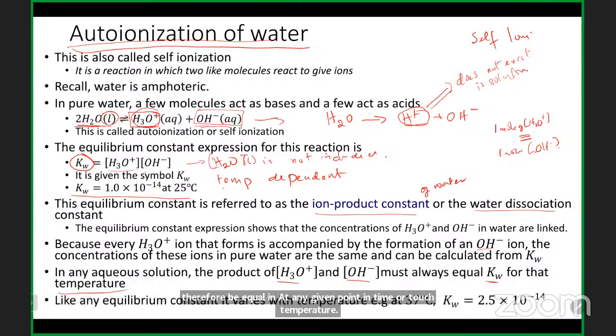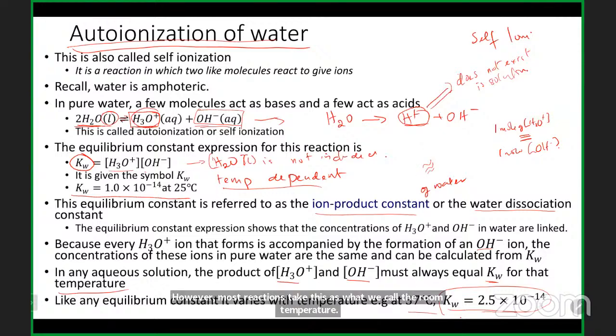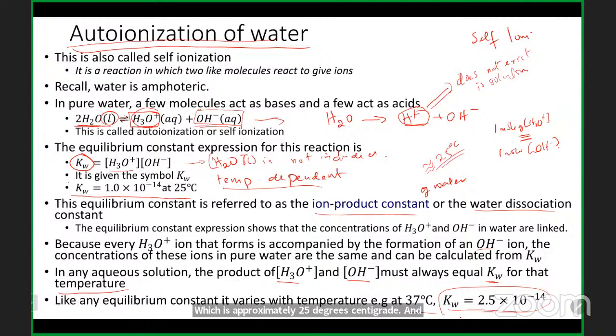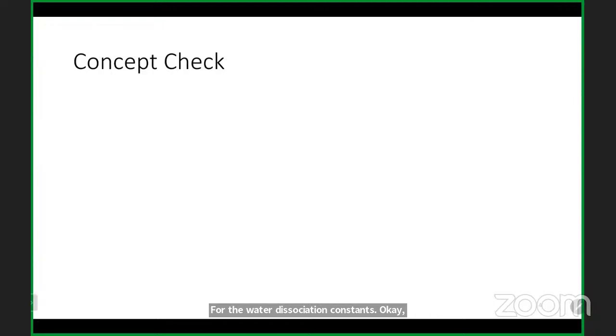Like we said, it is temperature dependent, and at 37 degrees centigrade, this is the ion dissociation constant of water. However, most reactions take place at what we call room temperature, which is approximately 25 degrees centigrade. And that is why this value is usually reported for the water dissociation constant. Okay, so let's do a quick example.